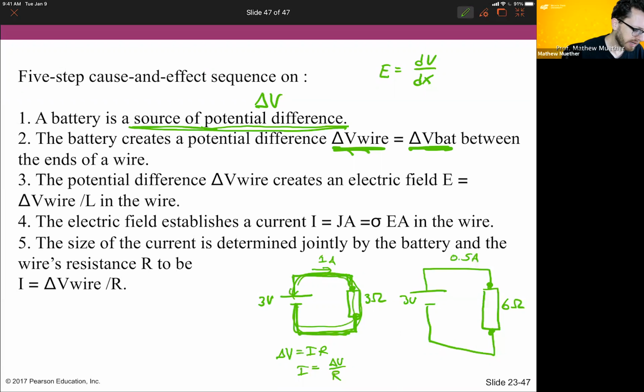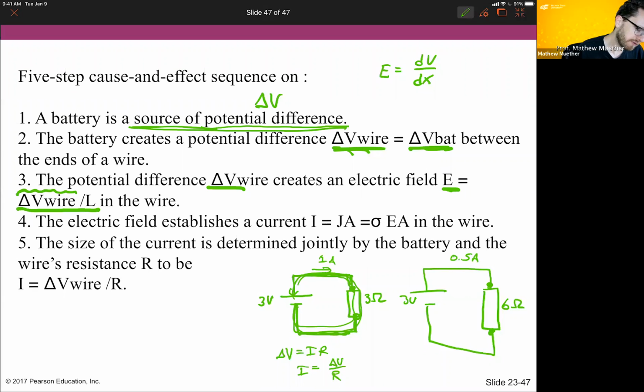And because there's a voltage difference through that wire, it's creating an electric field. The strength of that electric field is just the potential difference through the wires divided by the length of wire in the circuit, something like this.